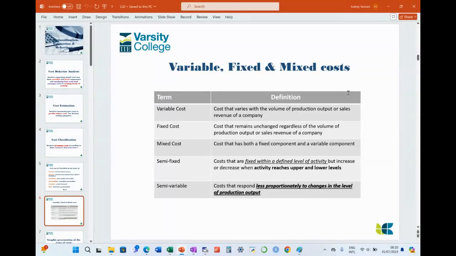Yeah. All right, so there you can see nothing new on that table right there. You've got your variable costs, you've got your fixed costs, mixed costs. All right, we do know that there are some that are mixed, such as your semi-fixed, okay? Which here, this is just a recap. There's a fixed portion, it's fixed until you step into a higher level of activity, or should I say activity reaches upper or lower levels. Okay, so yeah, you can think of your telephone bill, maybe, for example. No, not telephone bill.